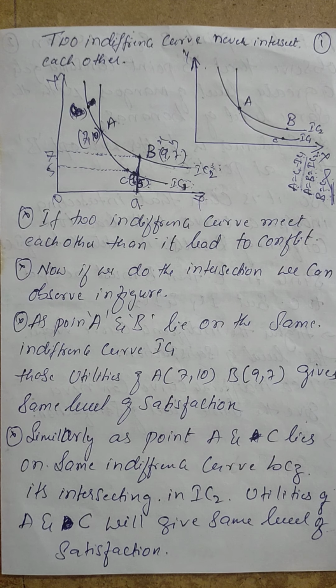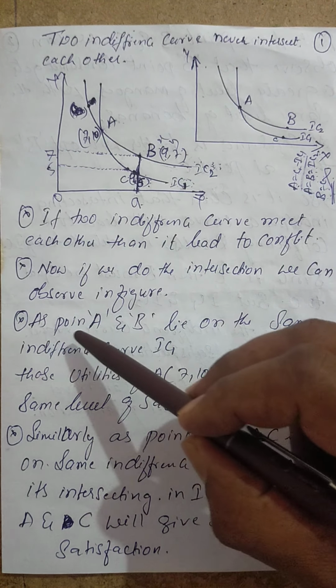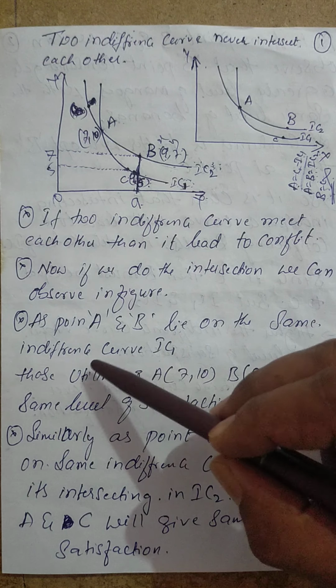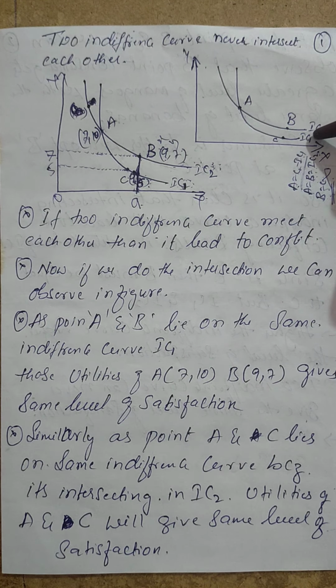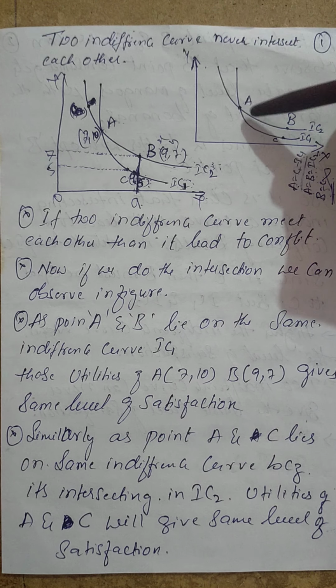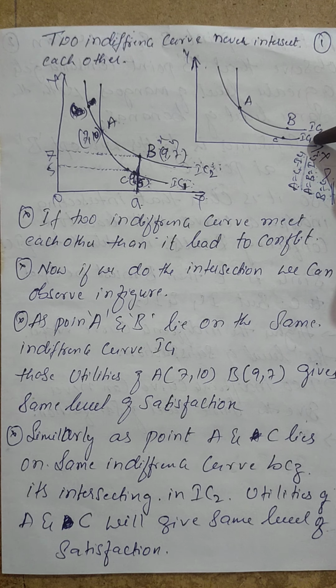Now if we do this intersection, we can observe in the figure that points A and C lie on the same indifference curve IC1. Observe, this is IC1, indifference curve 1. A and C are lying on this first indifference curve.